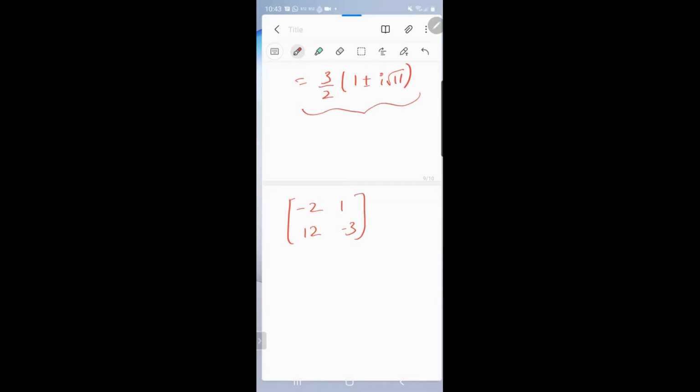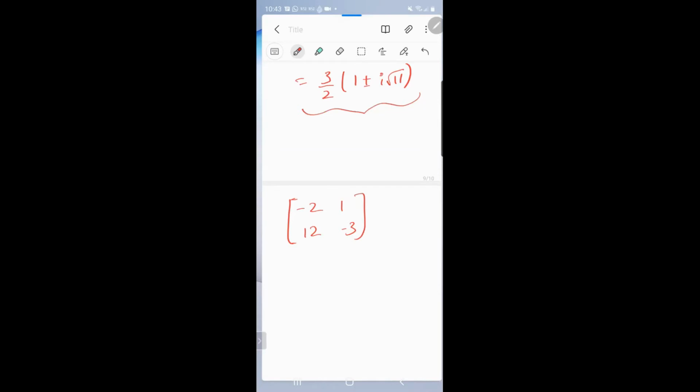Okay. So we want to find out what the eigenvalues are for this particular transformation. It's an odd looking transformation, but let's see what the eigenvalues or eigenvectors are for this.